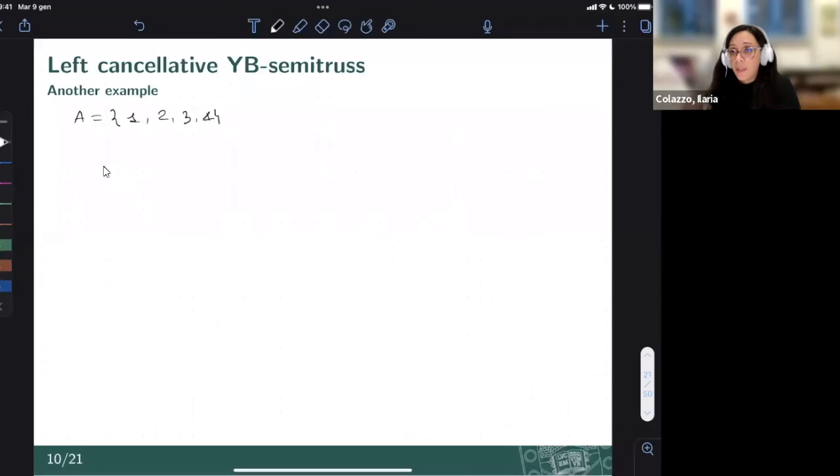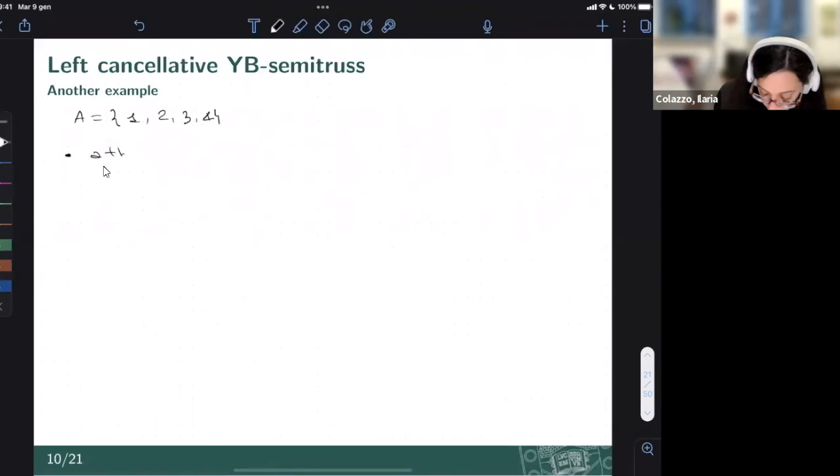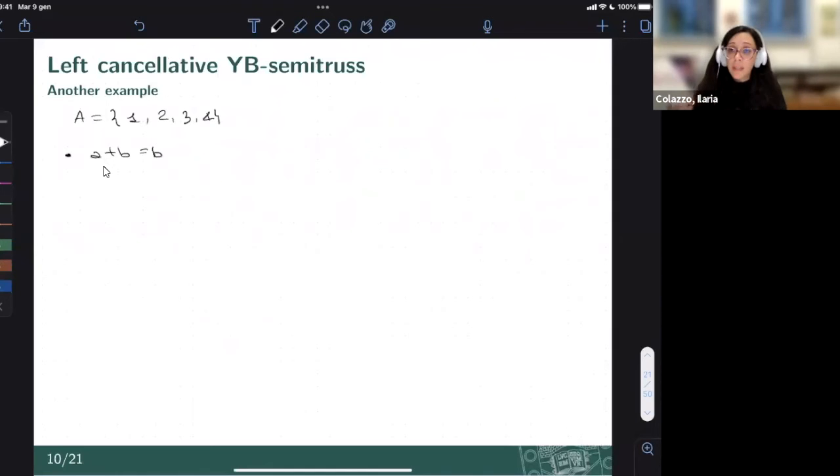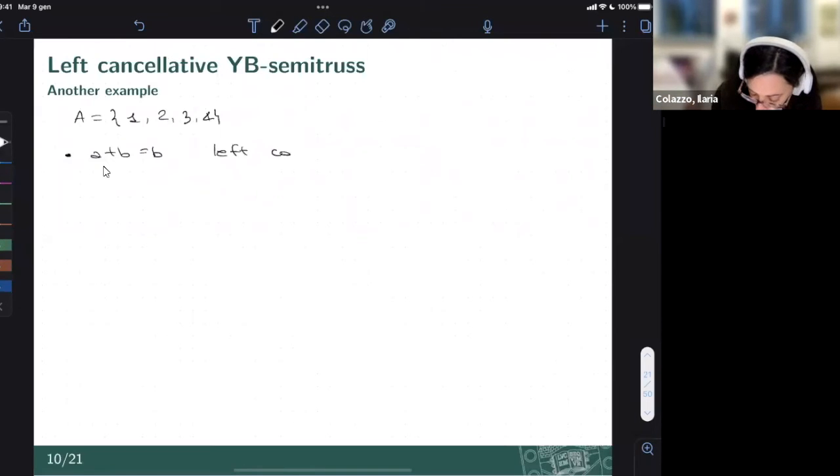The easiest thing that we can do is to define that A plus B is just equal to B. So we can look at A as a right zero semigroup, so any element in A acts like right zero. Right, this is left cancellative. This means that A plus is a left cancellative semigroup.